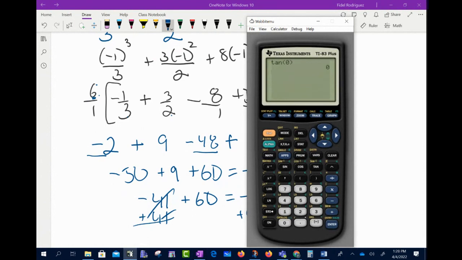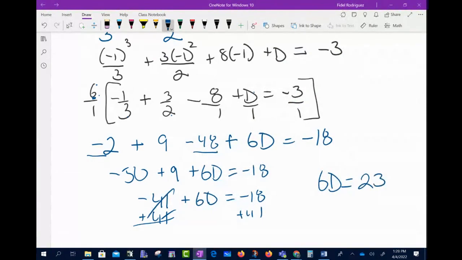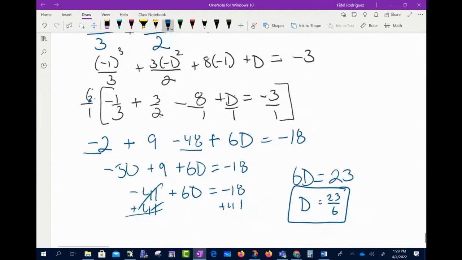Got my calculator. -18 plus 41, 23. And then I'm finally going to divide everything by 6. Okay, so I get d equals 23 over 6.